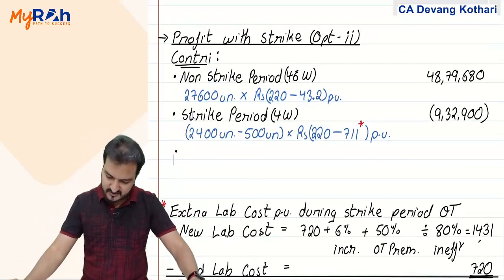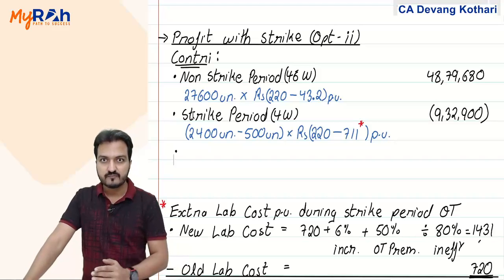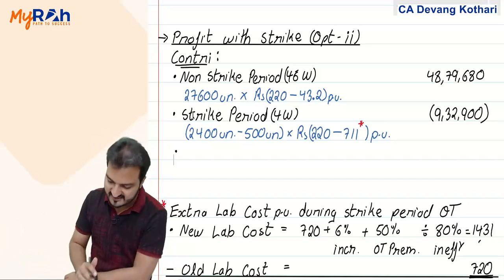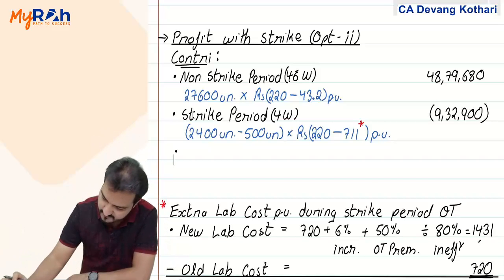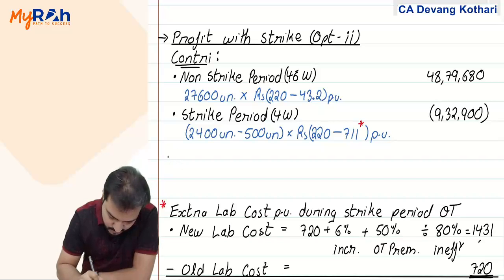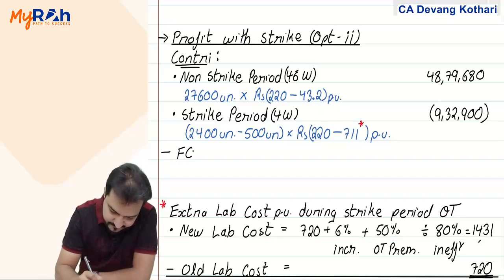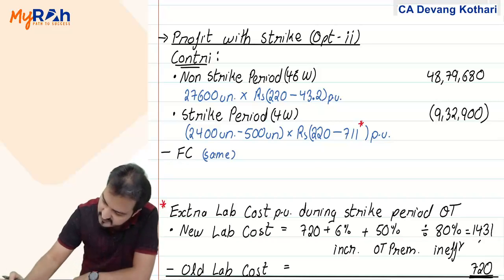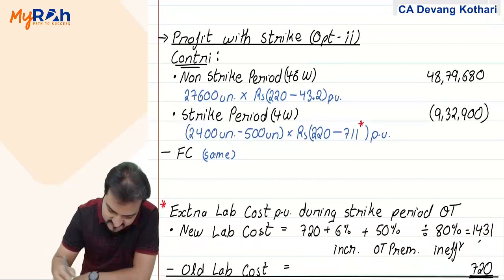Apart from that, under this option 2, which other changes have happened? This was my contribution aspect. Also under option 2, I will continue to incur the same fixed cost of 11 lakhs.